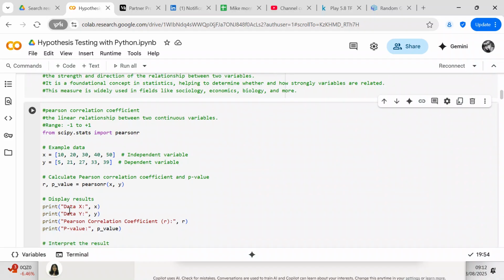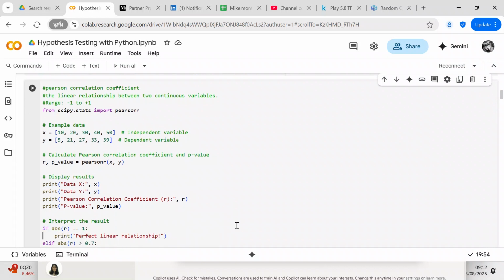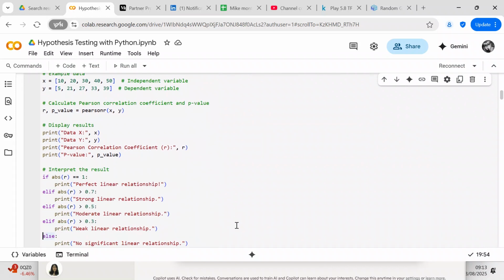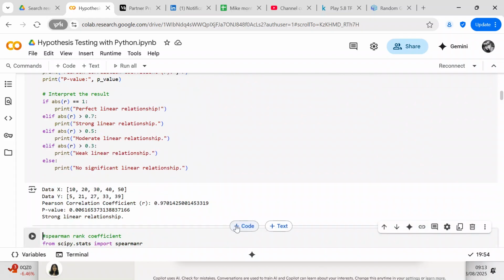So we're going to display the results. We're going to display the x, y, Pearson's correlation coefficient, and the p-value. So we've got our answer. Data X is 10, 20, 30, 40, 50.